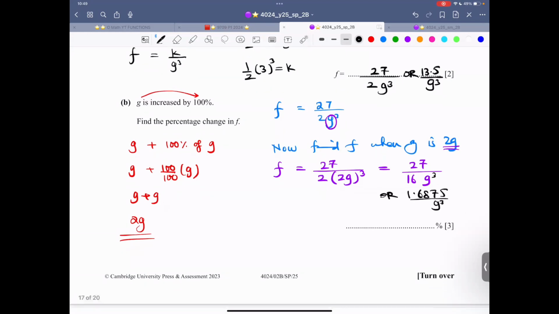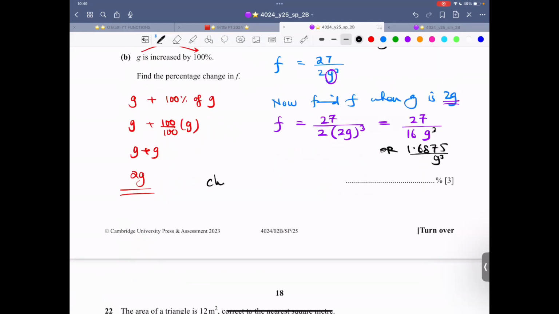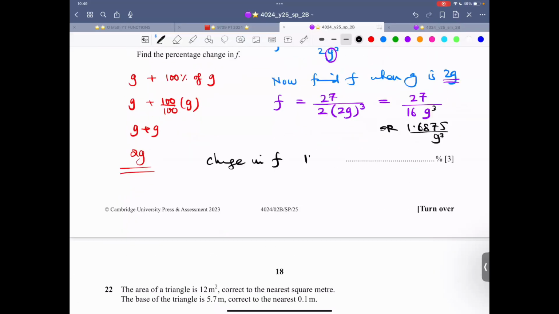Now, find the percentage change in F. So the change in F is how much? That is 13.5 minus 1.6875. Just ignore the G cube because that will be taken common out. Divided by G cube, let me write it like this. So 13.5 minus 1.6875 comes out to be 11.8125.